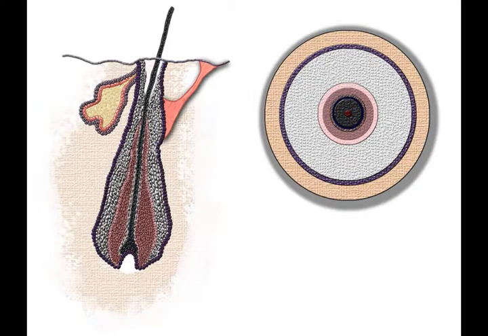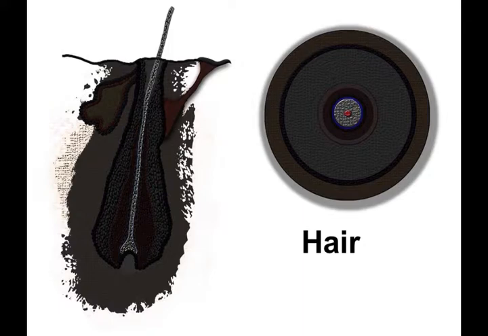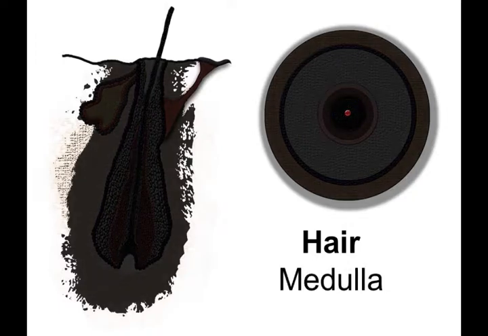In cross-section, there are several layers of the hair follicle, and we'll dissect each of those out. Within the center is the hair itself, consisting of a central medulla, outer cortex, and then the cuticle. The hair medulla in the center is in red and often breaks down to form air spaces.